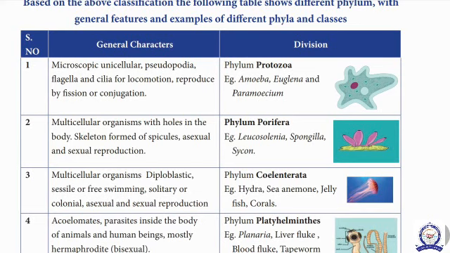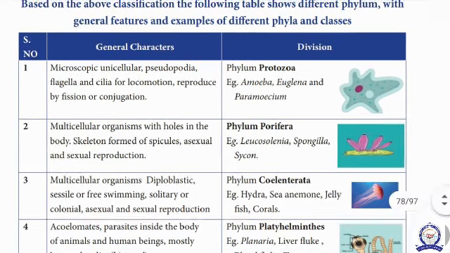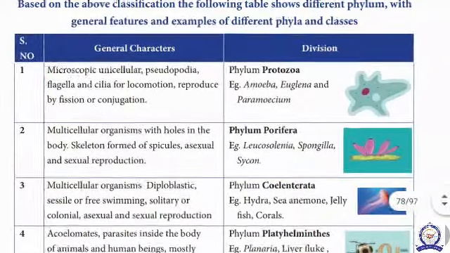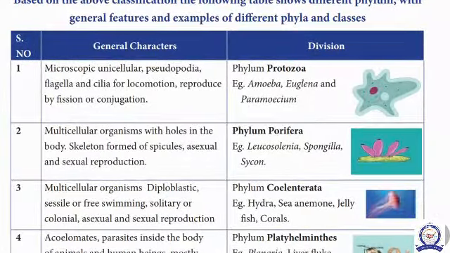Now you can see the general characters. They are all microscopic, unicellular organisms. Unicellular means the organism is made up of a single cell. Pseudopodia, flagella and cilia are used for locomotion.